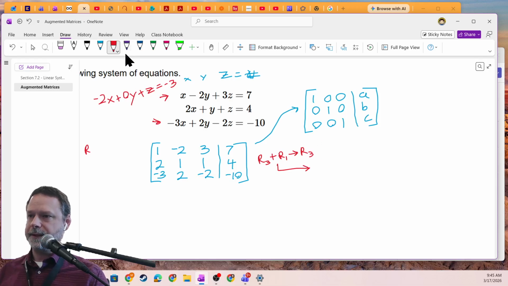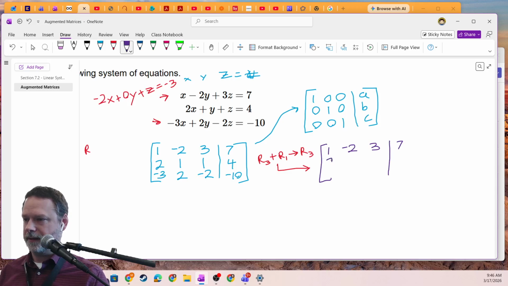My new matrix is going to be, well, I'm adding 1 and 3 together. I got to write here what I'm going to end up with. I'm not messing with anything but the third row. So I can write 1, negative 2, 3, 7. So nothing's changing except that bottom row. So 2, 1, 1, 4.